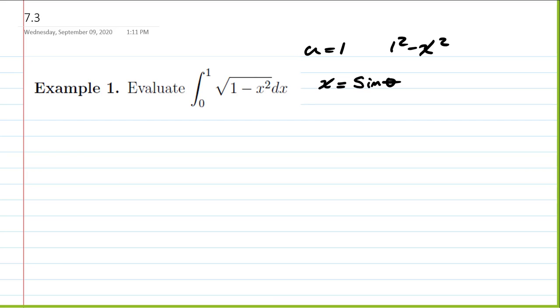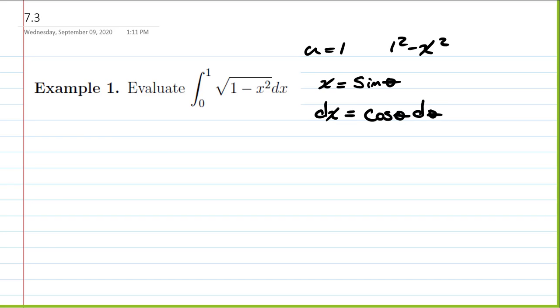One thing we'll notice, this is different than substitutions we've done in the past. In the past, we picked u to be something that was present in the integral. So this is often referred to as an inverse substitution, as we're letting the variable we have equal a function of another variable. We're still going to do the same thing, which is we need to calculate our new differential. If we take our derivative, dx is equal to the derivative of sine, which is cosine theta d theta.